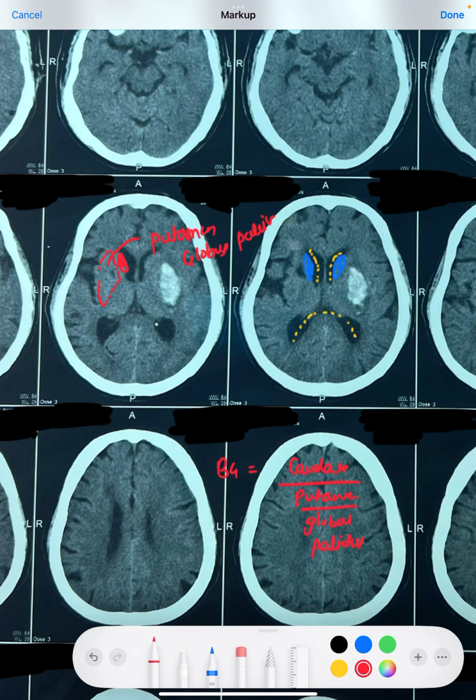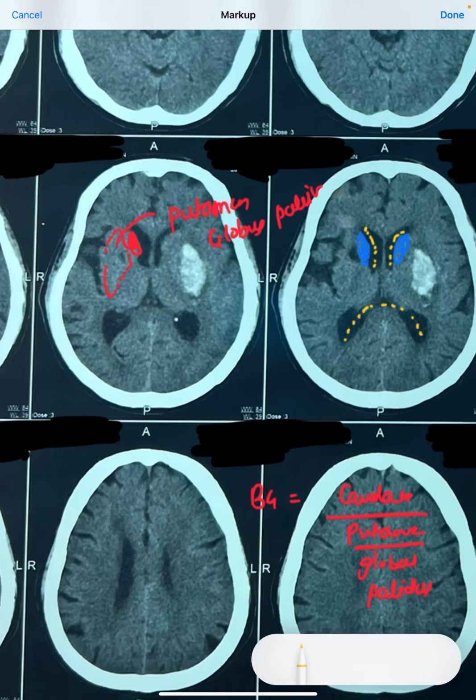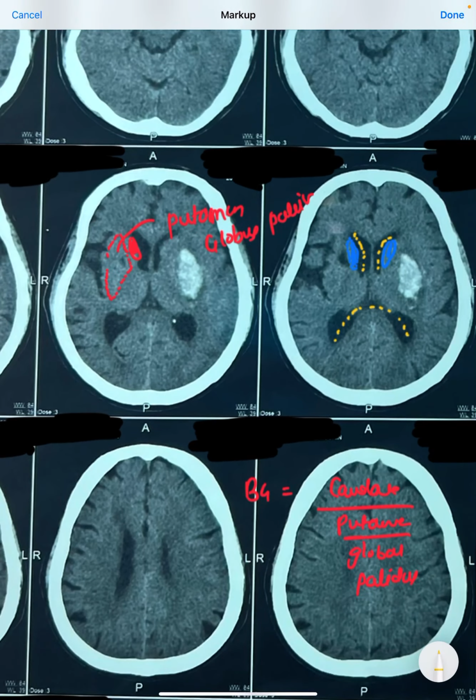The third thing we need to remember is that exactly opposite to this, we have a structure which is larger in size compared to the caudate, and this is the thalamus. The thalamus is the relay center for all the sensations except olfactory. All the sensation from the upper limb, lower limb, or from the cortex goes through this thalamus.